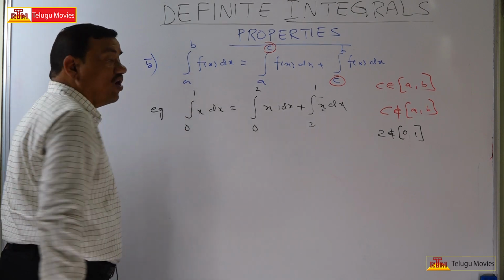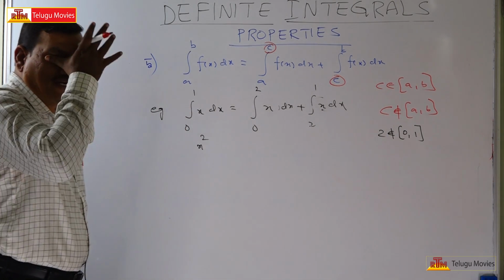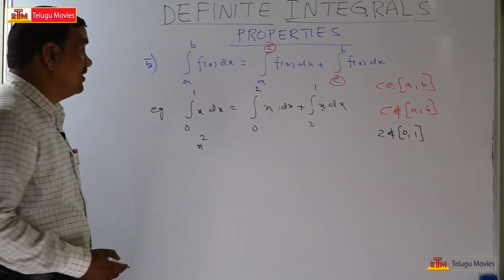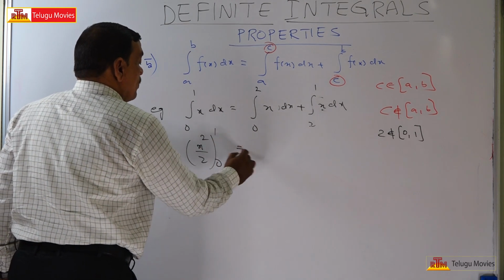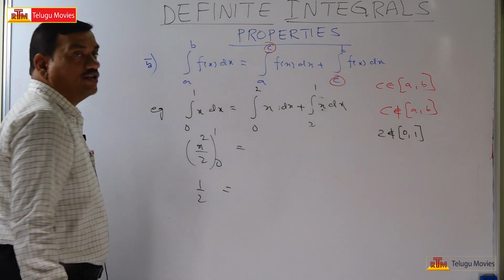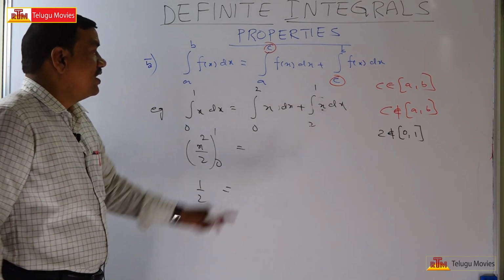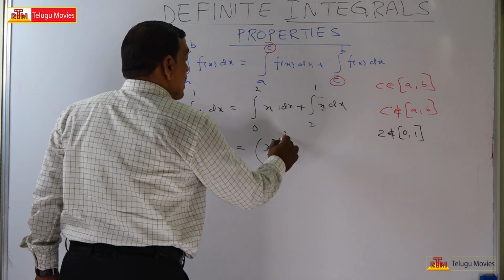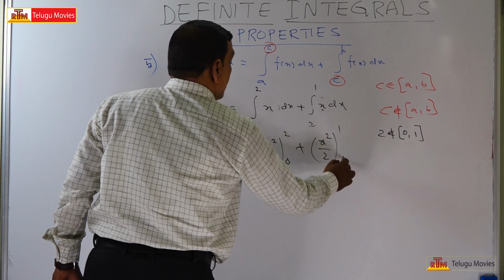Then let us check the answer. What is the integral of x here? As we know from the formulas in indefinite integration, the integral of x is equal to x square upon 2, with upper limit and lower limit. For 0 to 1: the upper limit gives 1 square by 2, and the lower limit as usual gives 0, so we get 1 by 2. For the others, this is also x square by 2 with upper and lower limits.